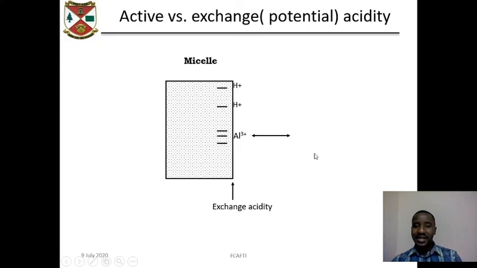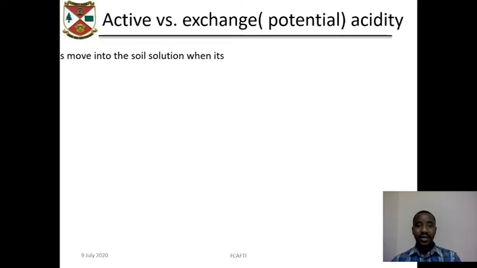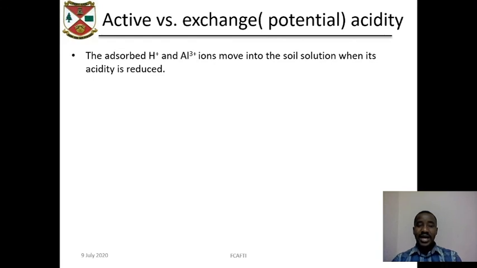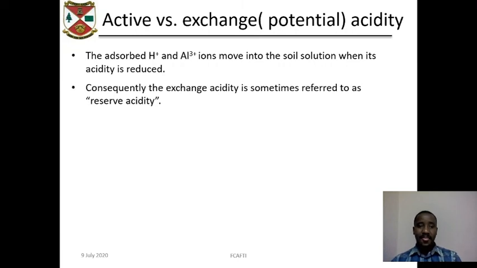And the acidity that is here in the soil solution we call active acidity, and it is made up of hydrogen ions and aluminium ions. I hope this makes sense. The adsorbed hydrogen and aluminium ions move into the soil solution when its acidity is reduced, and consequently the exchange acidity is sometimes referred to as reserve acidity.